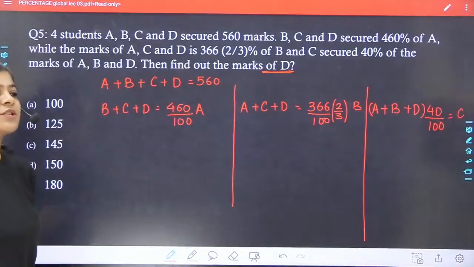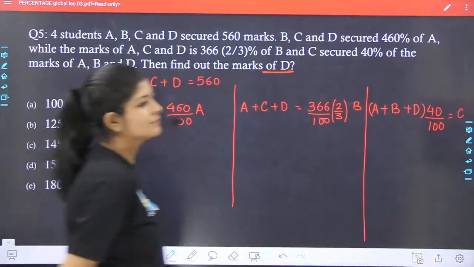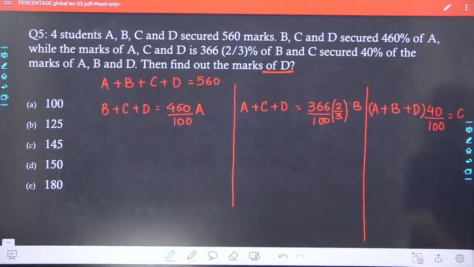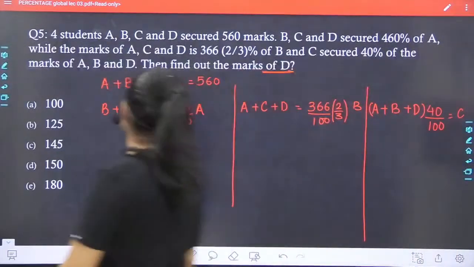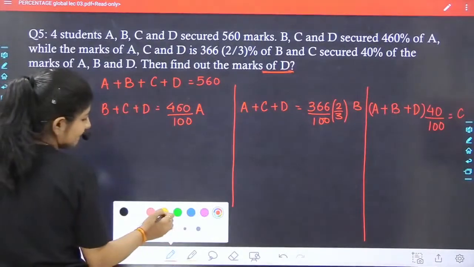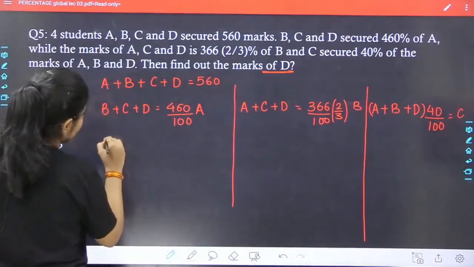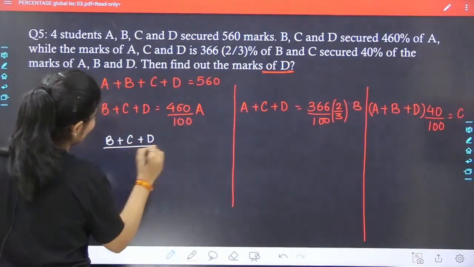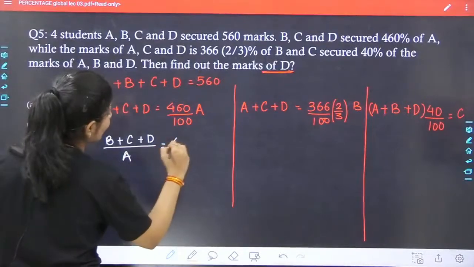Anyone in the comment section? Okay, let's start. I can write this value as B plus C plus D by A is equal to 460 by 100.